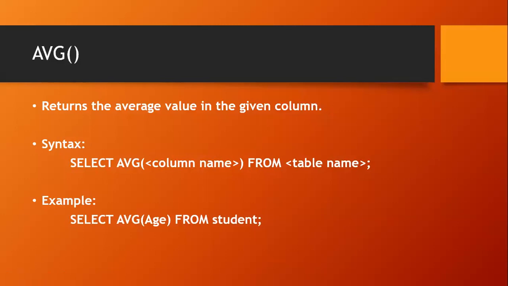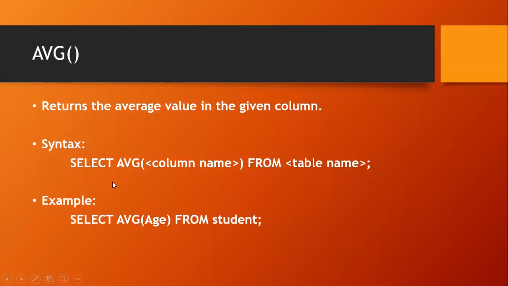The next function is average. The function name is AVG, and we don't have any function called AVERAGE. That's wrong. The function name is AVG. Please note, AVG will return the average value in a particular column.